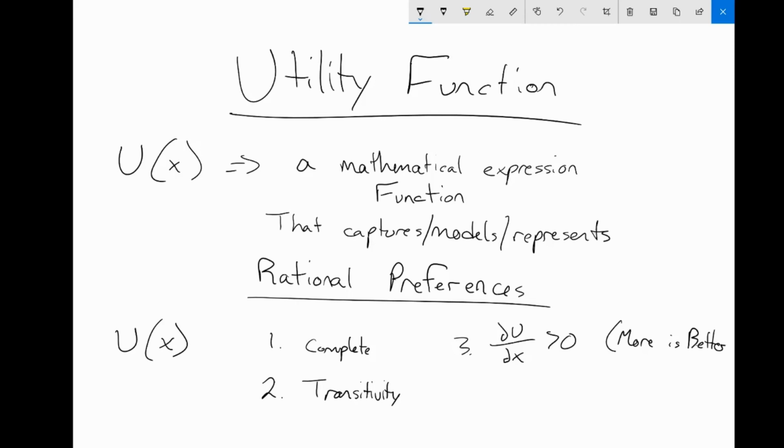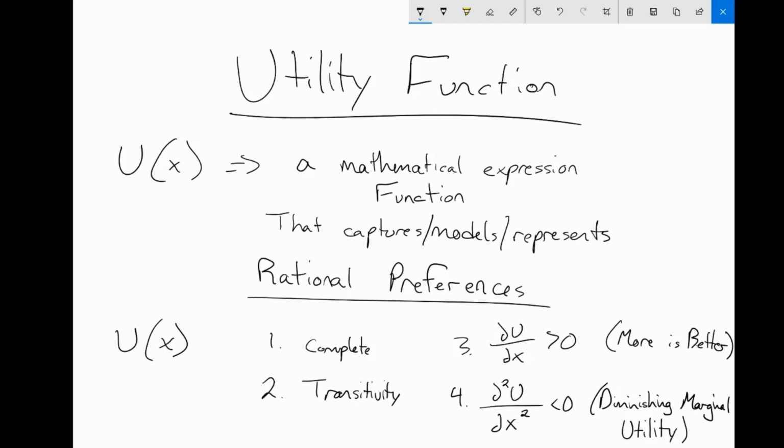That means as I get more x, my utility goes up. It also needs to satisfy that the second derivative is negative, which is diminishing marginal utility. So we want a function that's going to satisfy these properties, and then we can use that to model decision making.